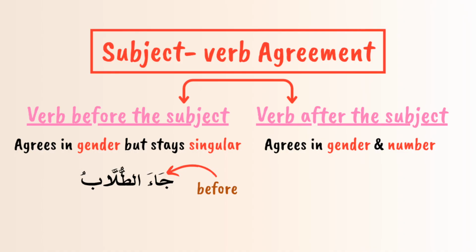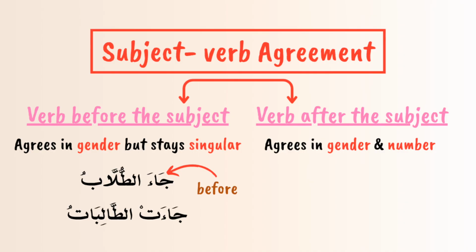Another example of the first case is جاءت الطالبات. The female students came. Again, the verb came before the subject, so it stays singular despite the subject الطالبات being plural. الطالبات is feminine, so the verb جاءت is feminine.